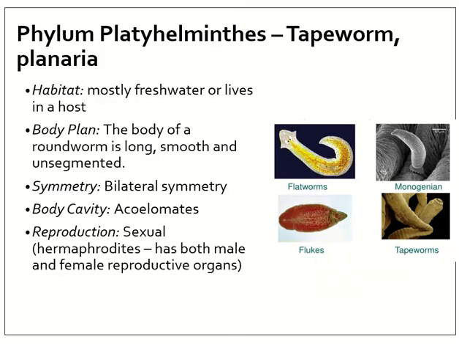The next one is your Platyhelminthes. This is where you're looking at your flatworms and tapeworms. Some of these are parasitic organisms that fall under the animal kingdom. They are usually found in fresh water or living in a host, such as a tapeworm living in a host. They have a flat body, and they are the acoelomates, which means they don't have a proper cavity.